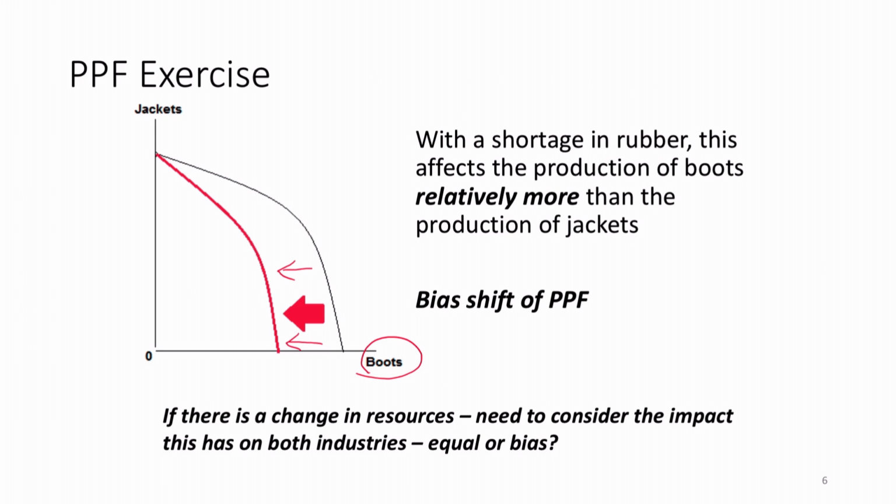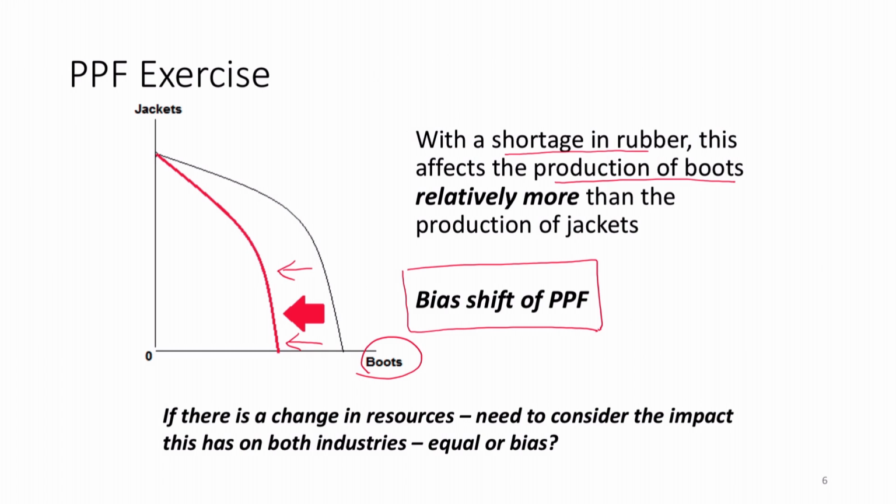So when we have a shift in the PPF curve, we need to decide, is the change in resources affecting both industries equally, or is one industry affected more than the other? With the shortage in rubber, we see that the production of boots is affected relatively more than the production of jackets, and therefore we have a biased shift of the PPF curve.